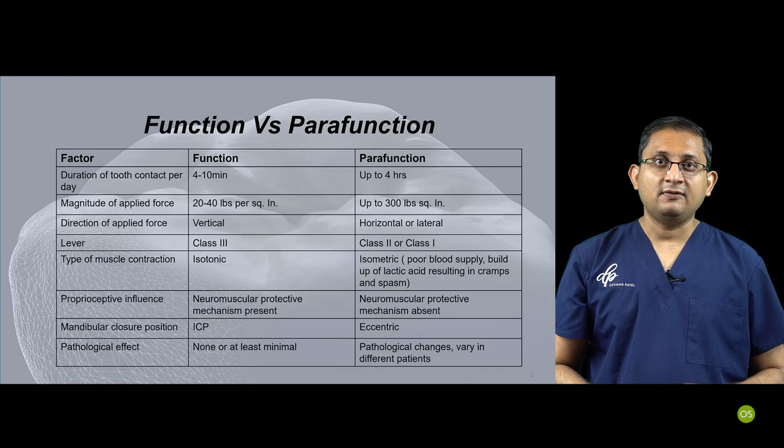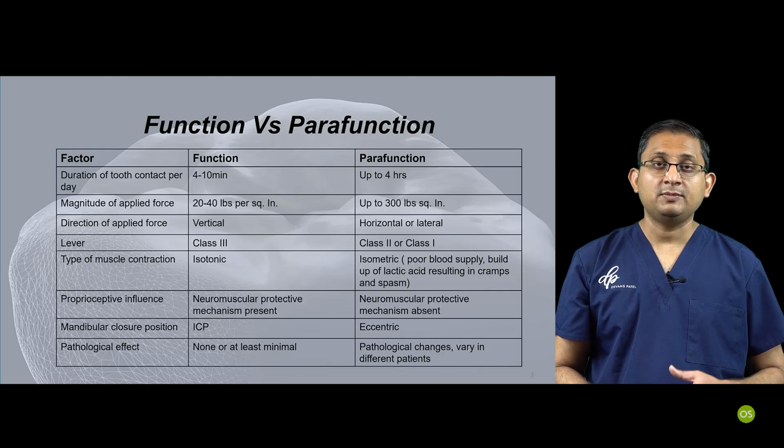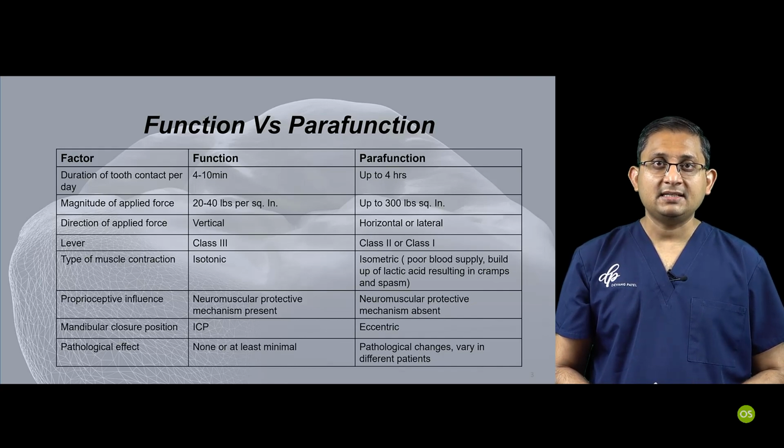Not only that, the forces are much higher. The direction is horizontal rather than vertical, which is much less favorable for the posterior teeth. The lever created is class 2, which is much more destructive.